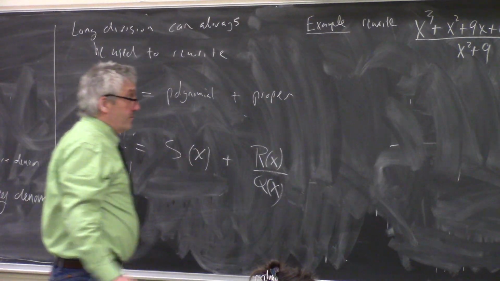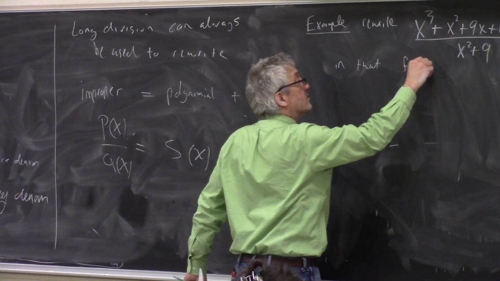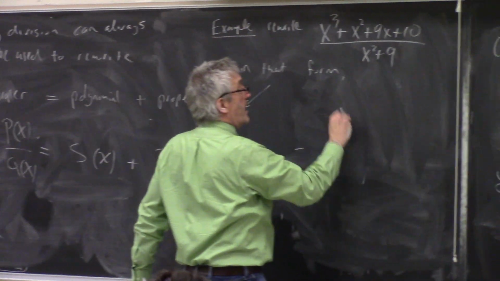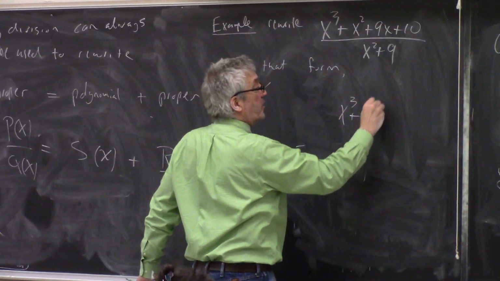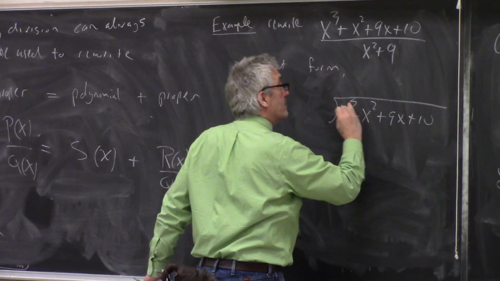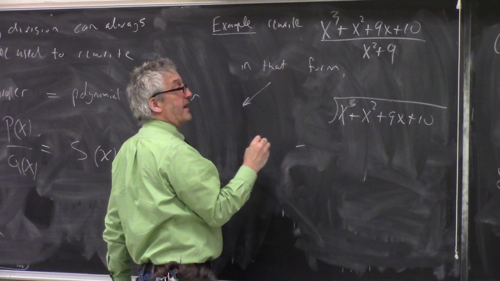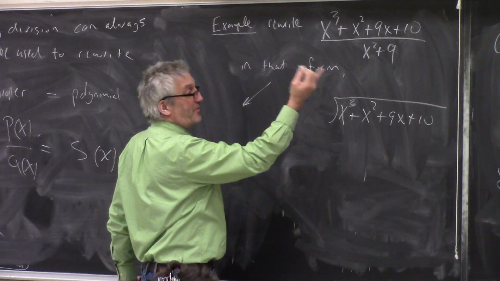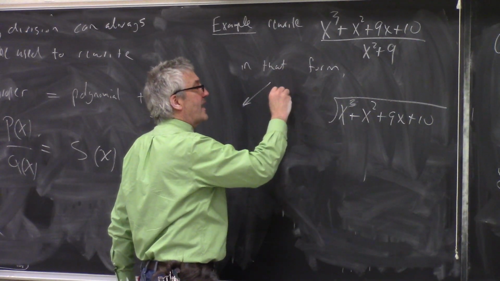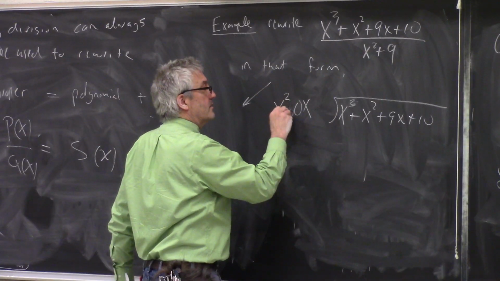Rewrite it in that form. Well, let's just do long division. x cubed plus x squared plus 9x plus 10 divided by x squared plus 9. Now I don't skip any terms. So if a term is missing, I put it in as a 0. So in other words, this is x squared plus 0x plus 9.